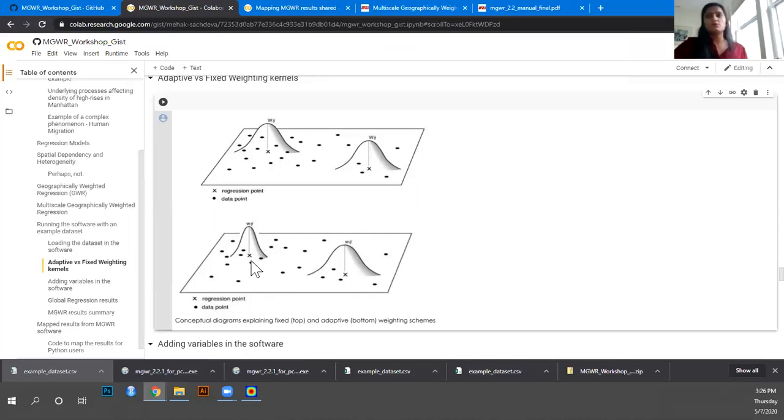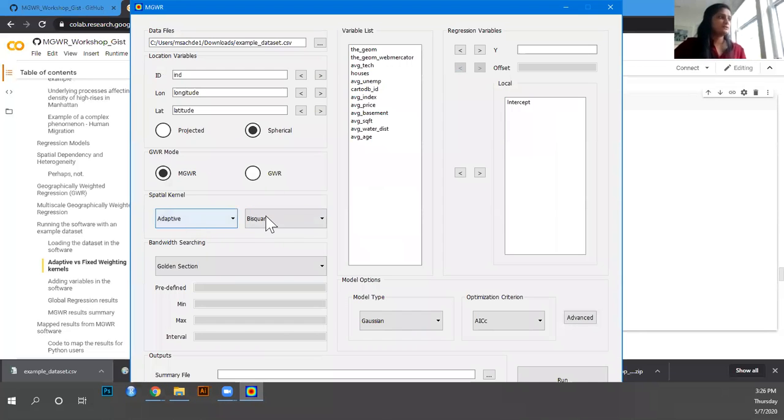In our case, we use adaptive. That is mostly how you would use it with census tracts, zip codes, or even plain point data. But if you're using grid data, which is more symmetrical, you would go for fixed. So I choose adaptive, bisquare is fine. This is just the kernel function, and we have only one option with adaptive.